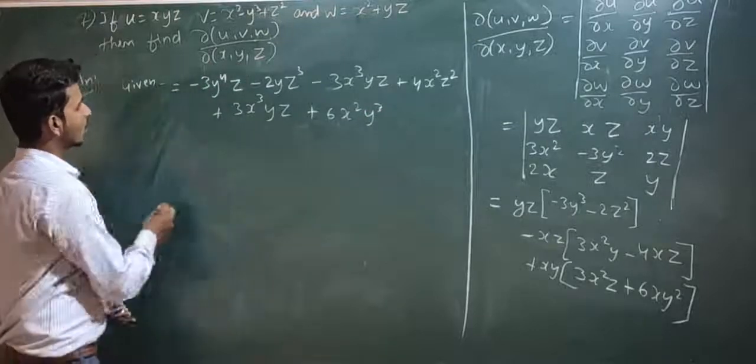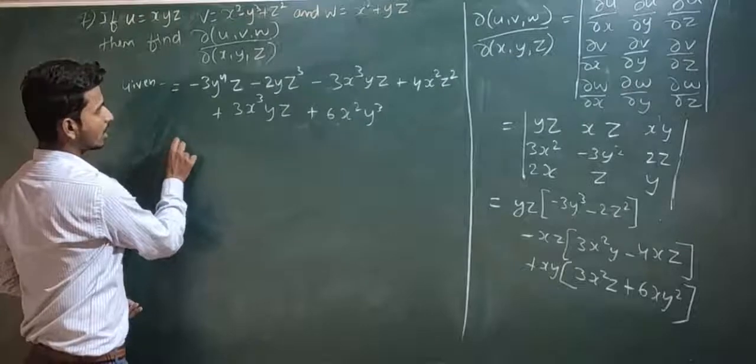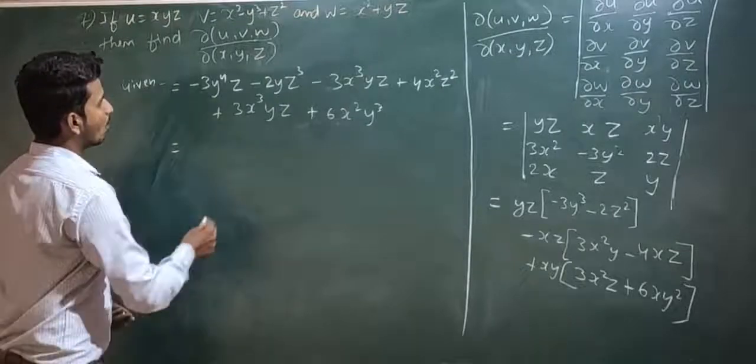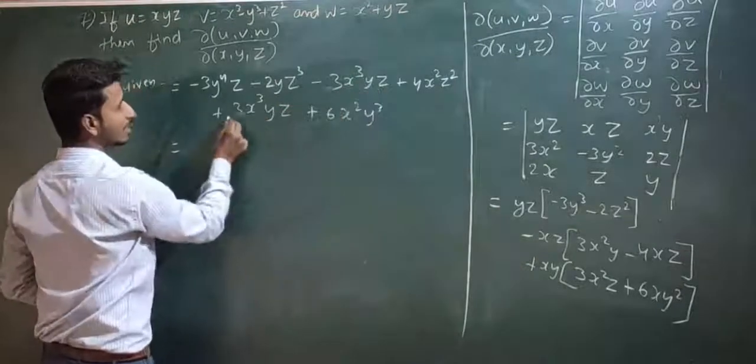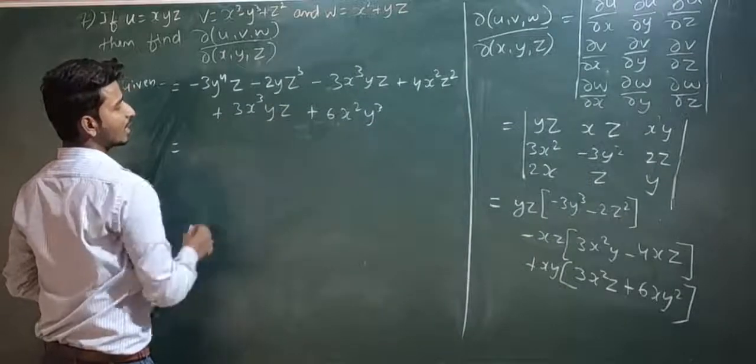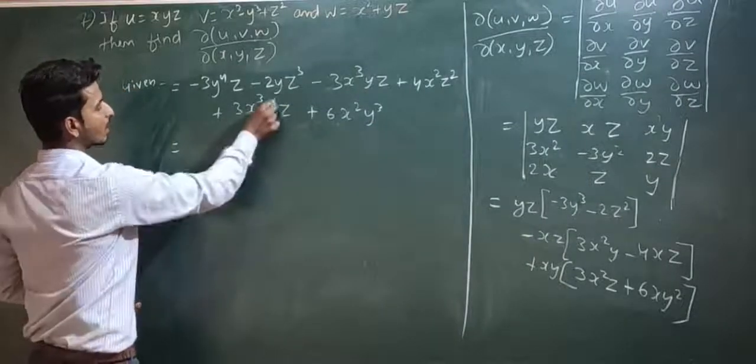This is the value. Here minus 3x³yz and plus 3x³yz are the same, so we can cancel them.